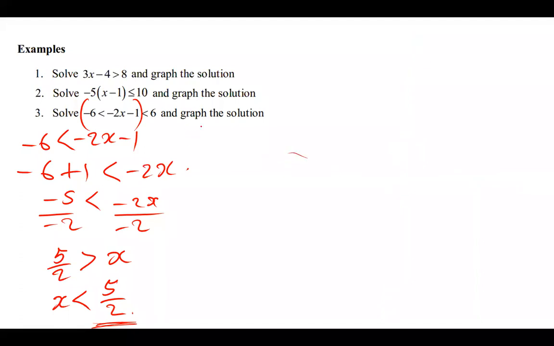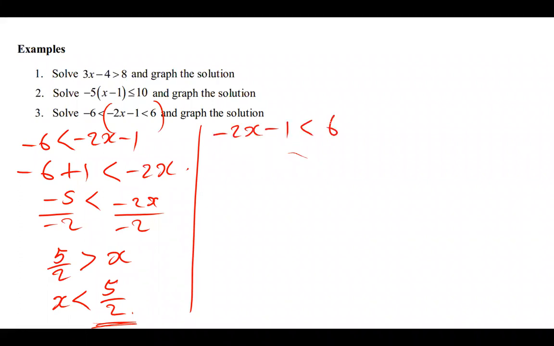So the other part is simply this part here. This part is simply -2x minus 1 less 6. So we take this -1 to the other side of the equal sign.